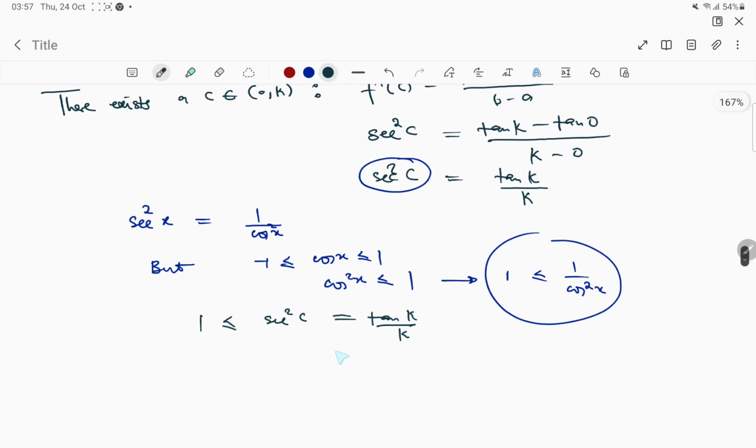And as a result, you can see that we can just multiply by k on both sides so that we get k is less than or equal to tan k. And the proof is complete.